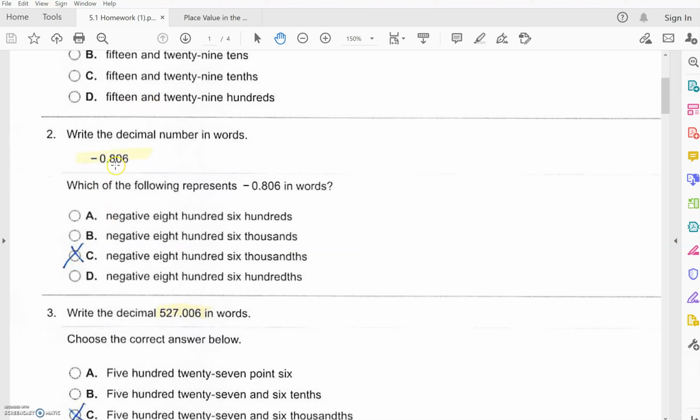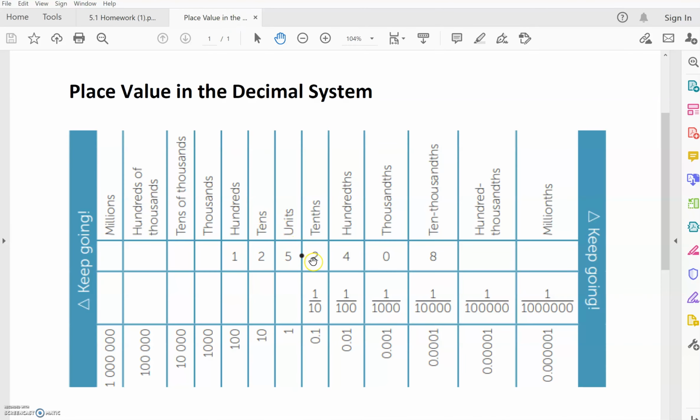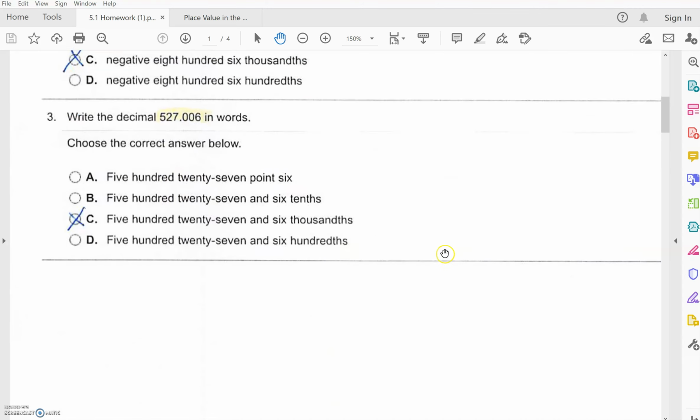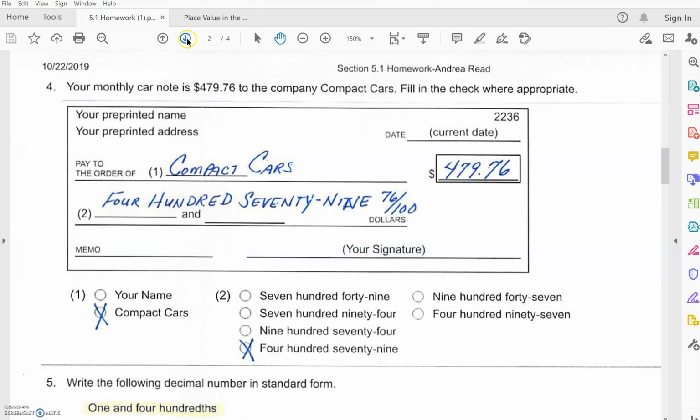Instead, it'll just start with the actual number, which is negative 806, but it's 3 places, so there are 3 digits, 1, 2, 3, so it's going to be the thousandths place. So we're going to look for 806 thousandths, and remember, not thousands, it has to have the THS when you're going through these. So you're going to have several of those to go through.